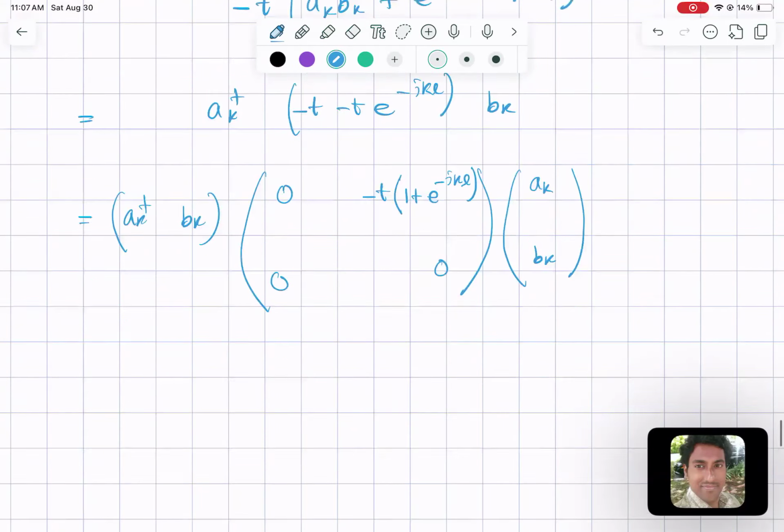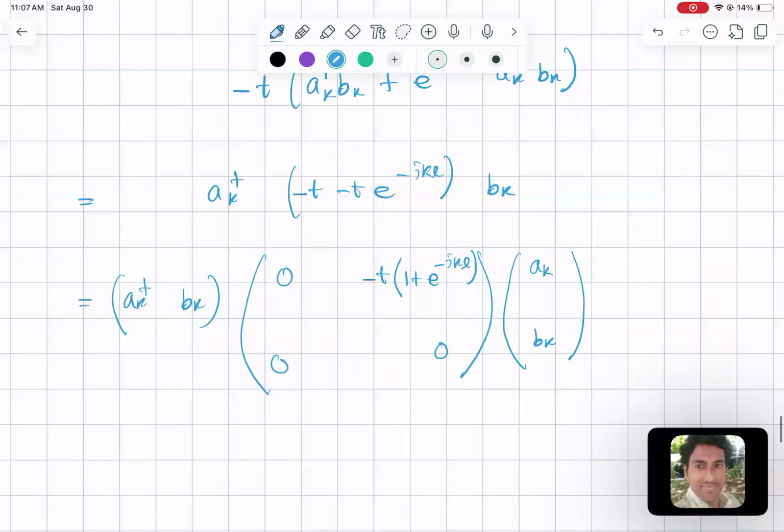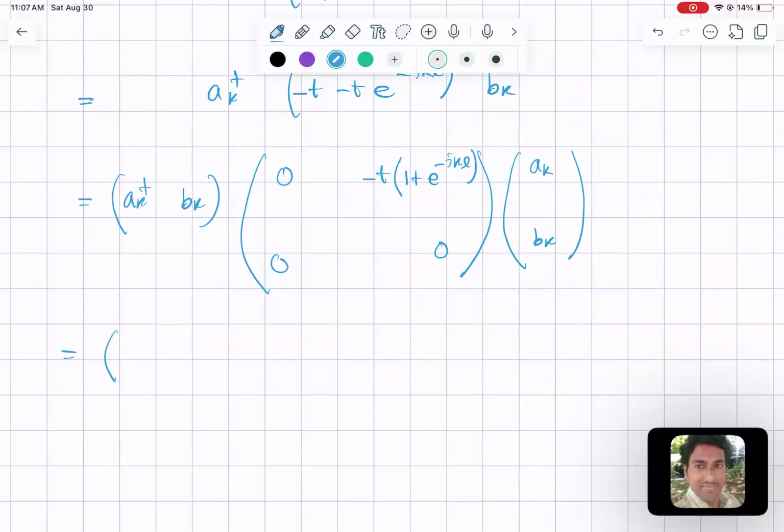Now let's do the matrix multiplications. Let's see if we can get this back. A_k dagger, B_k, and if we do this matrix multiplication of these two matrices, what do we get? We get 0 times A_k and minus t times 1 plus e to the power minus i k l times B_k, and for the last row we just get 0.